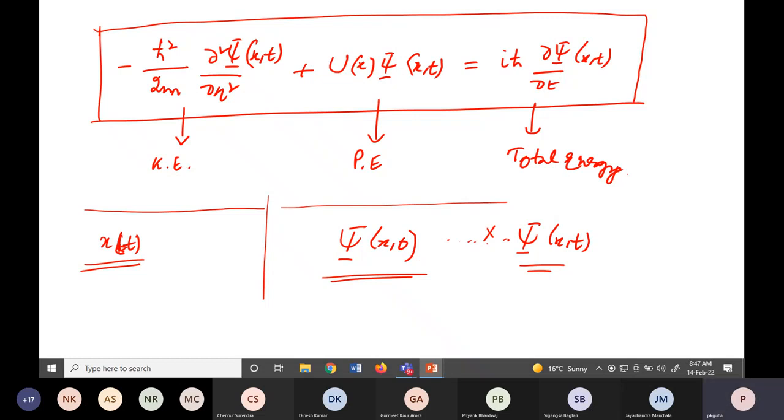So instead of psi of x, t, because psi can be positive or negative, what is more interesting? An electron might be there, or it might not be there at a particular position and a particular time. But what is important is if we can find the probability of finding the electron within that waveform, okay. So the probability is more important than finding psi.